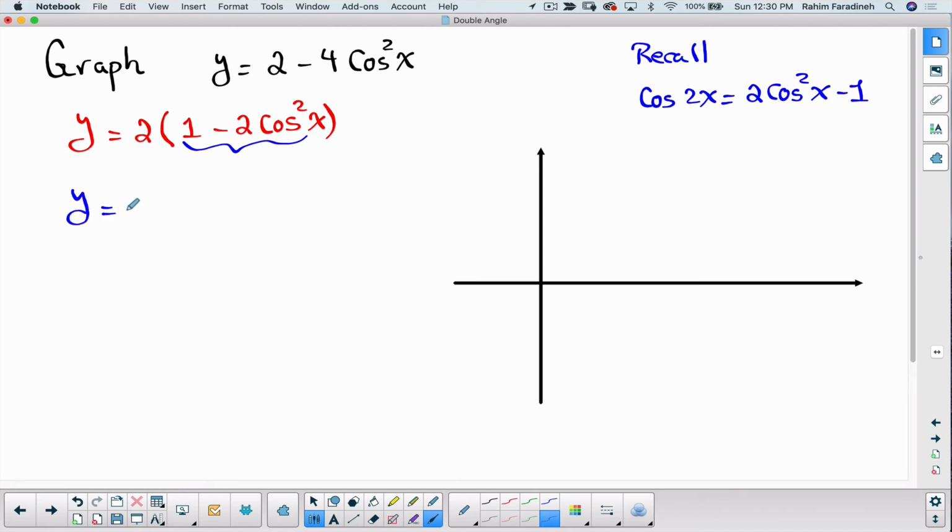I'm going to factor a negative, and we're going to get 2 cosine square x minus 1, which now we can go ahead and replace by cosine 2x.